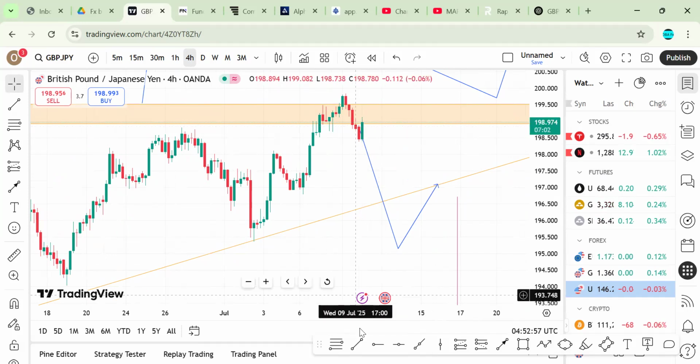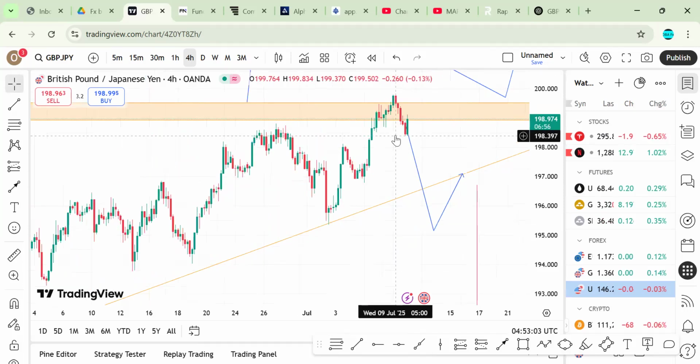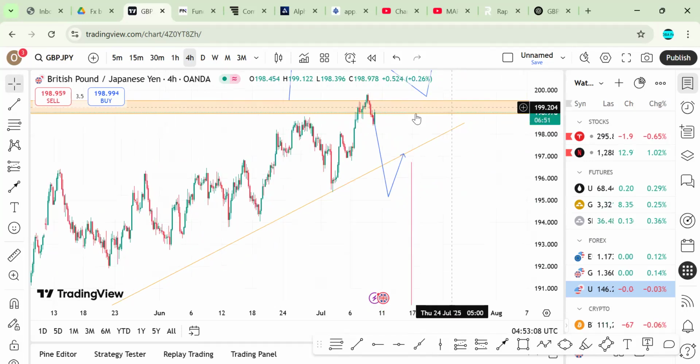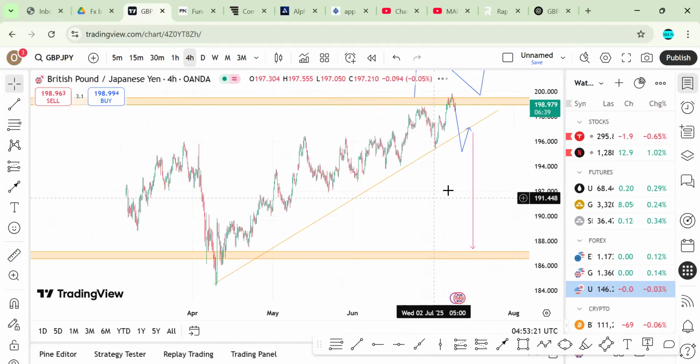So if I'm to take any decision in this market, like I said, because I swing trade a lot, I'd have to wait to see if this resistance zone is broken, retested, and the price continues upwards, or this trend line here is taken out, retested, and then price continues in the downwards direction.